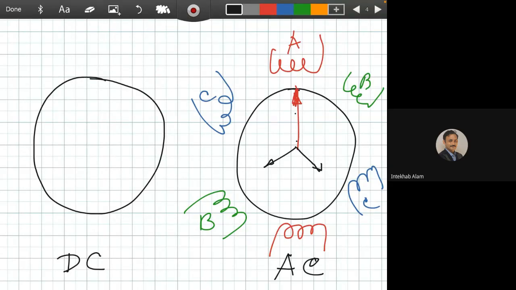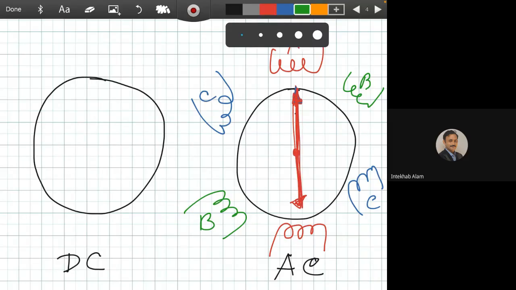So if we think of phase A, once it becomes peak, then it will become 0, and then it will become negative. It will move in this form, the voltage magnitude.